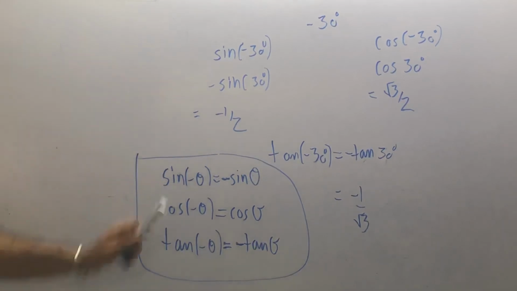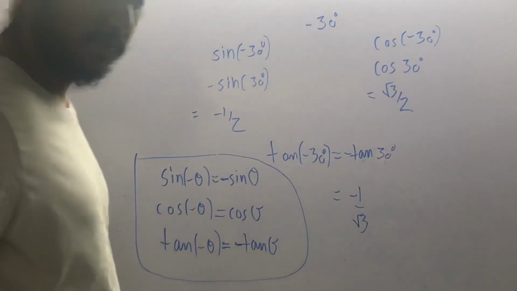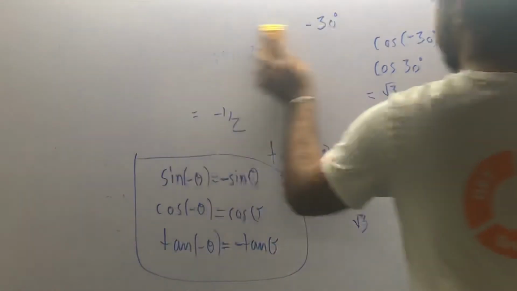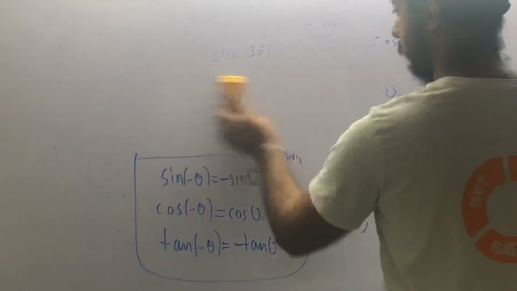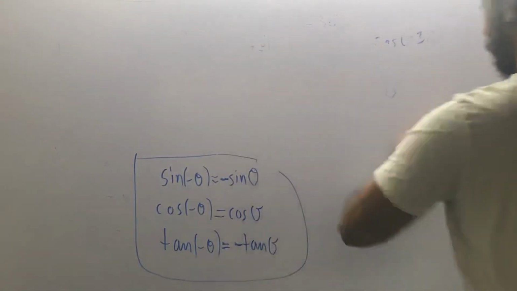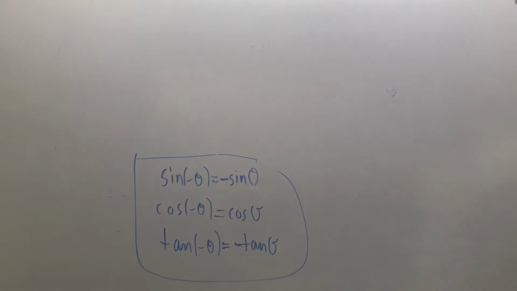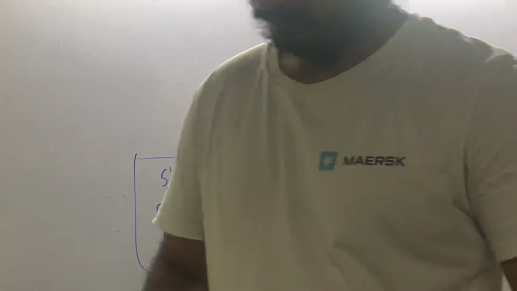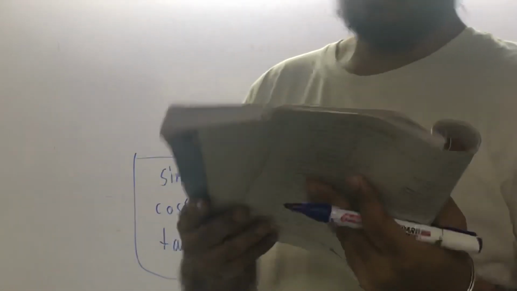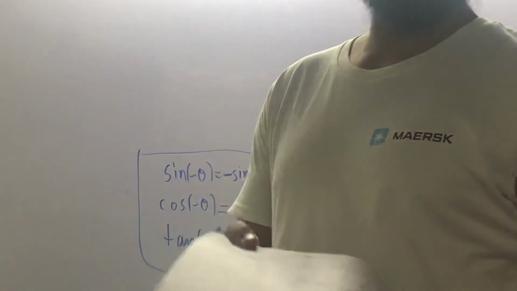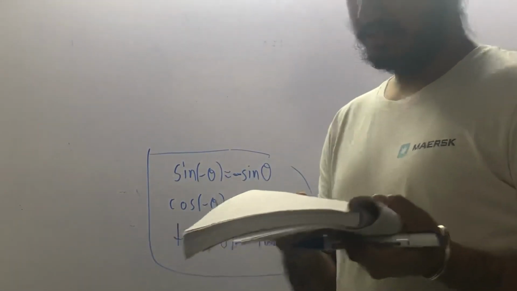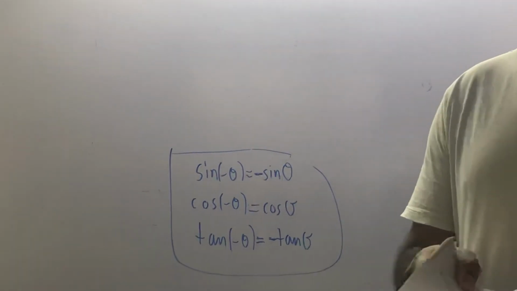These three identities I used, and I am going to use them further. Next is minus 45, minus 60. These are quite easy. Minus 90, you can do them yourself.